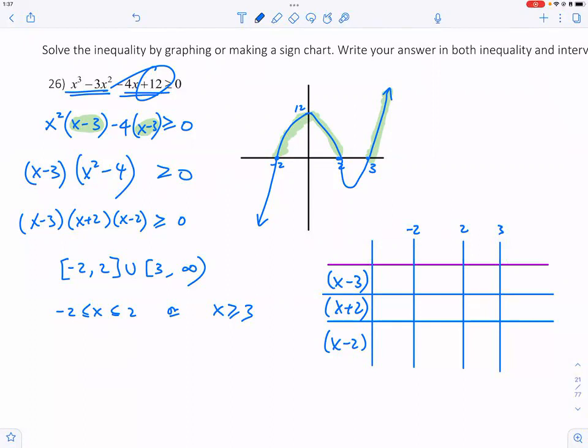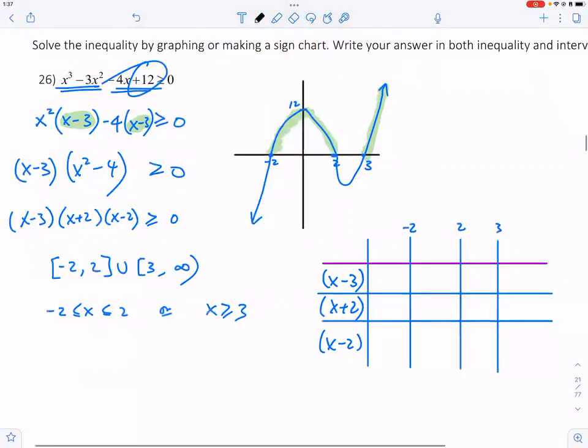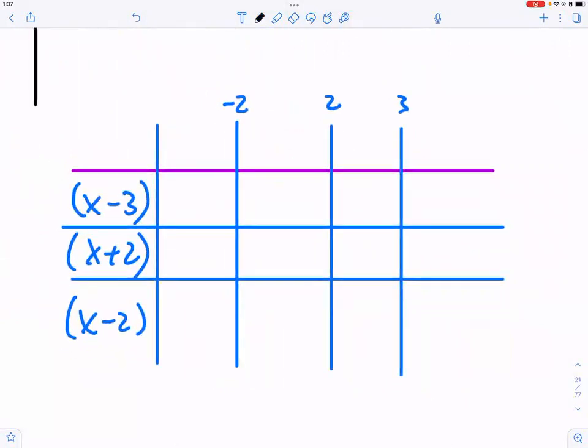So what's going on here? It's basically asking the question, is it positive or negative? For the factor x minus 3, if x is greater than 3, then it's positive. If x is less than 3, it's all negative.